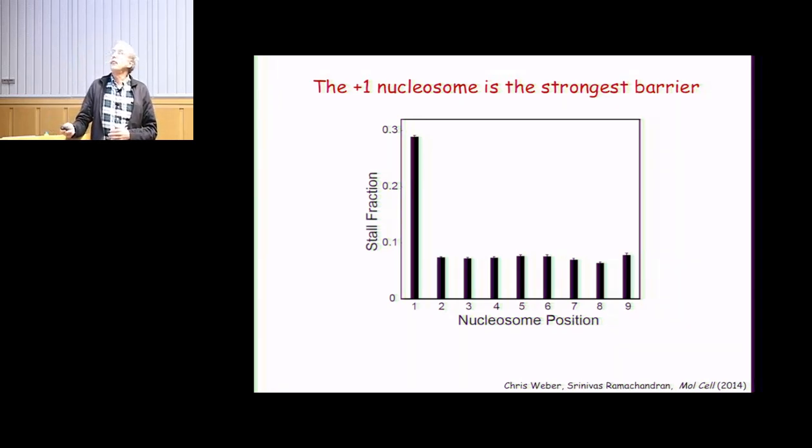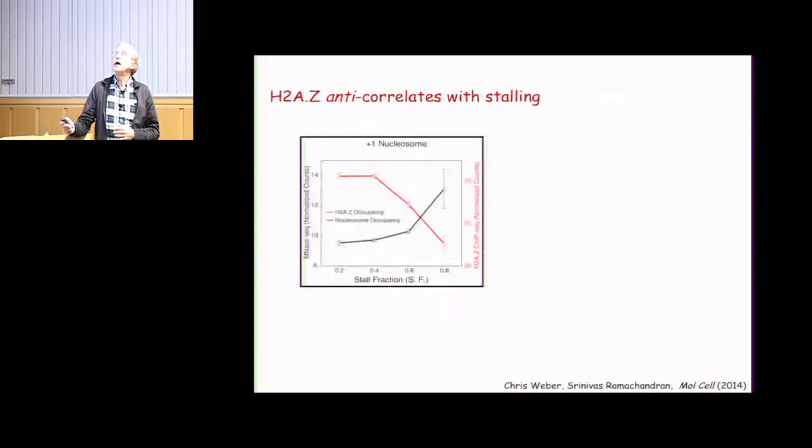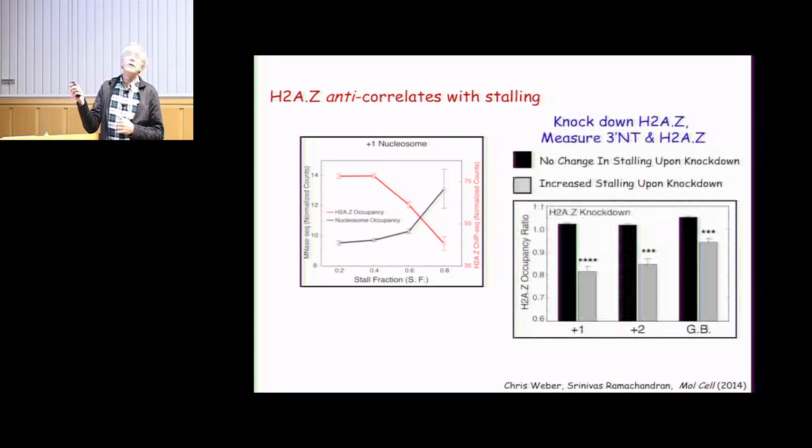So the first thing we did was to map H2AZ occupancy, and what we noticed was if we plot the occupancy as a function of the stalling, they're anti-correlated, as if H2AZ is acting to reduce the stall. To test that, we knocked down H2AZ, and we measured the 3' NP signal and the remaining H2AZ, and we divided up nucleosomes into whether there's no change in stalling upon knockdown or increased stalling upon knockdown.